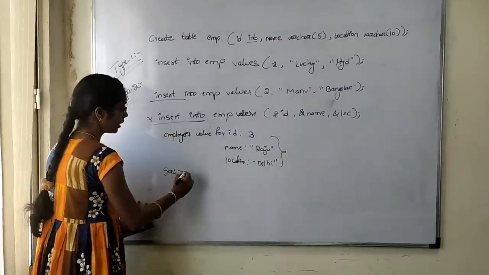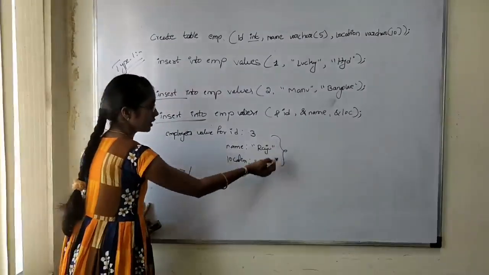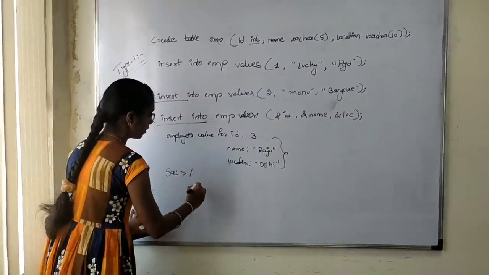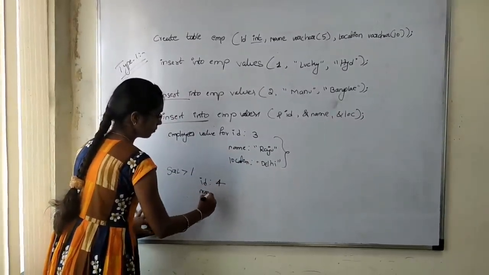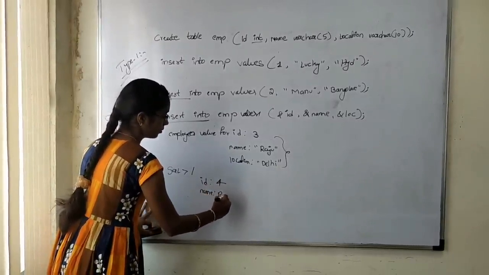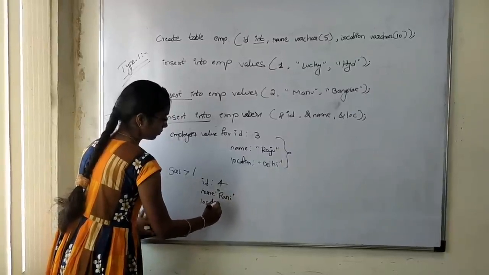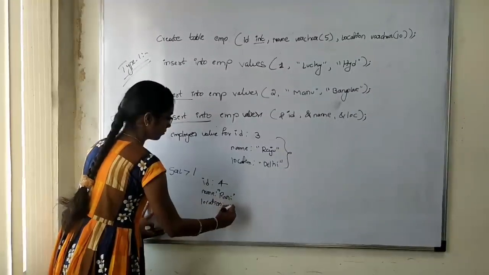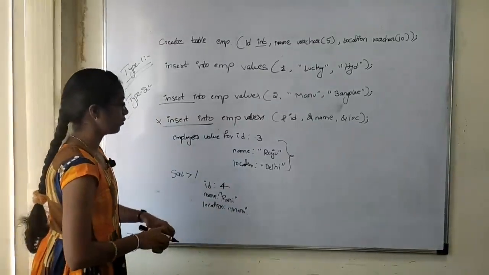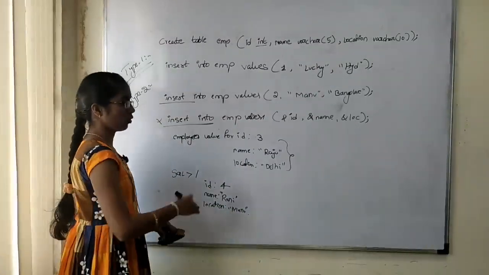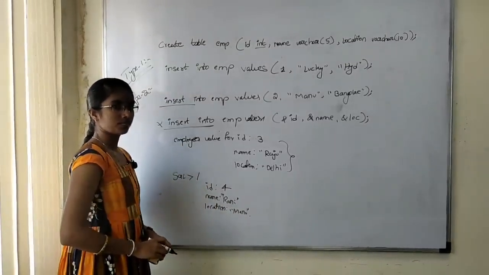We can give a slash and enter these type of values directly, like ID is 4 and name Rani and location. So we can give it like this. Any number of rows can be created like this.